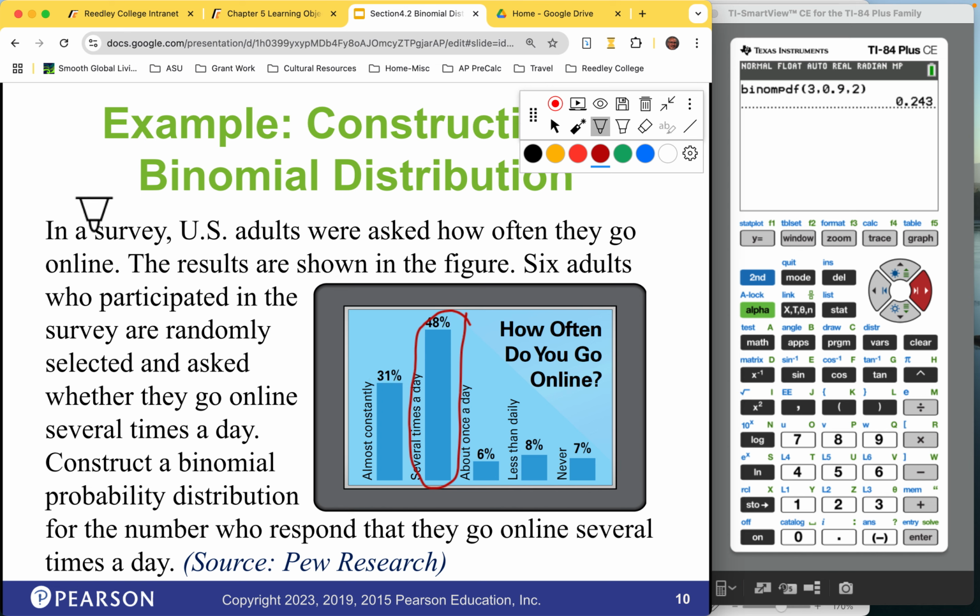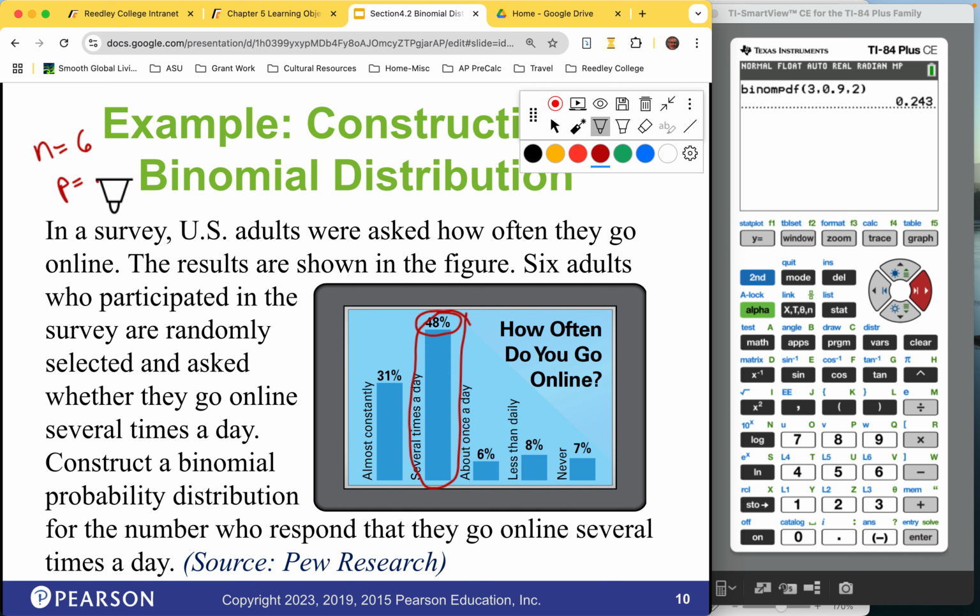So first of all, let's set this up. What is our value for n? How many trials does this thing have? 6. We picked out 6 adults, so that's our n. What's our probability of success? 0.48 from the survey.